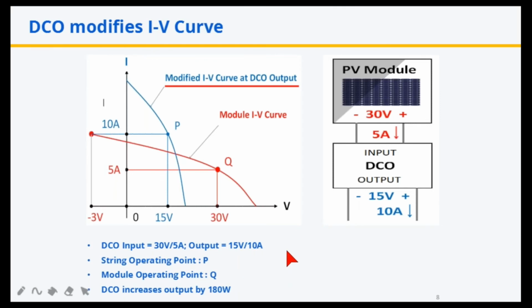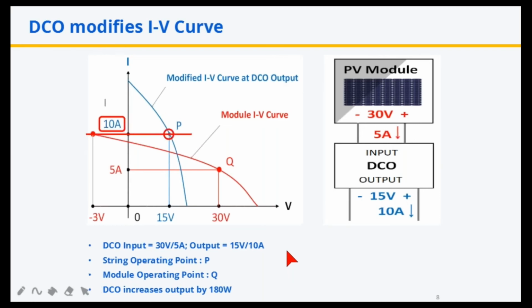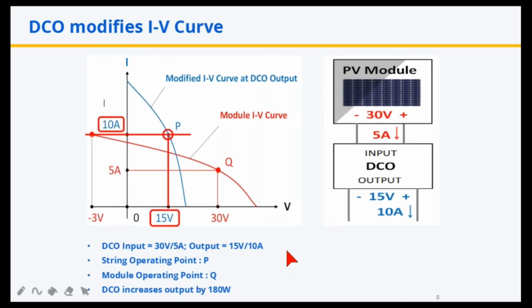It is this modified IV curve that is seen by the string. So we must find the operating point using the modified IV curve. Let us suppose the string current is 10 amperes. Draw a horizontal line for this current. It intersects the modified IV curve at point P, and the voltage at this point is 15 volts. So the output of the DCO will be 15 volts into 10 amperes, that is 150 watts.